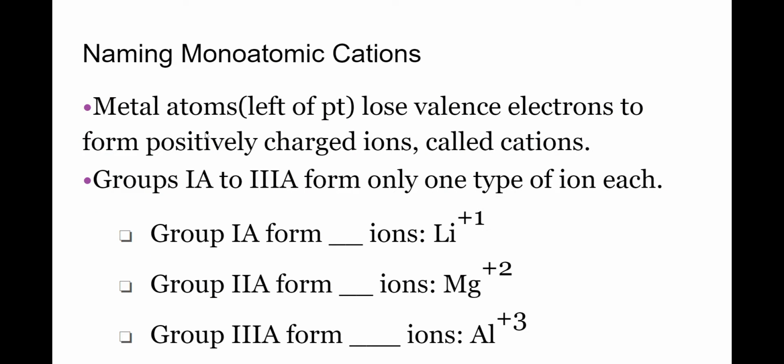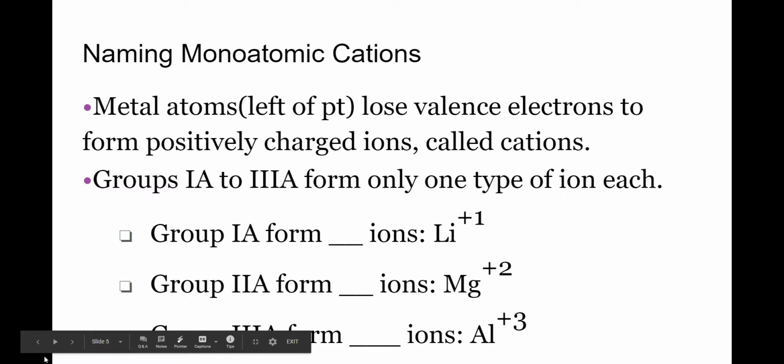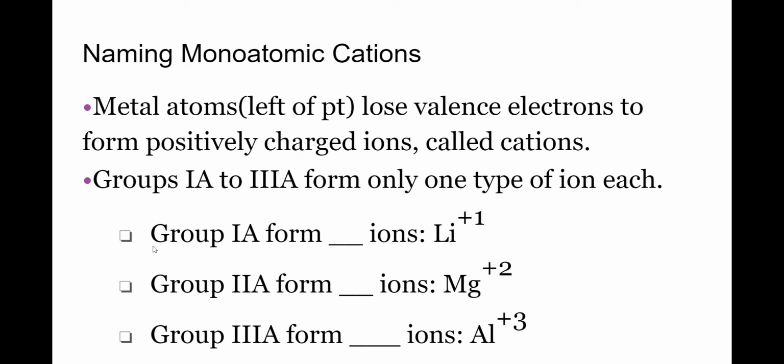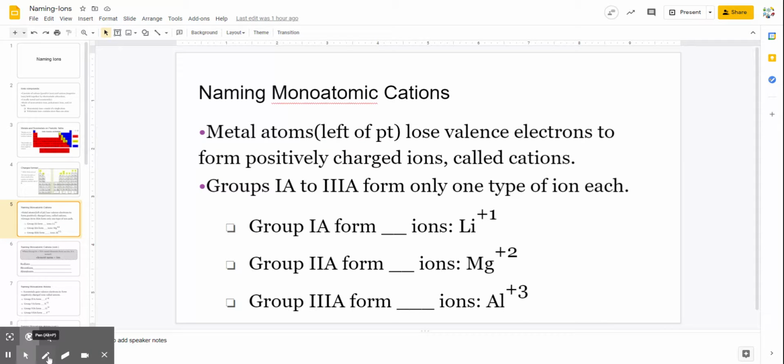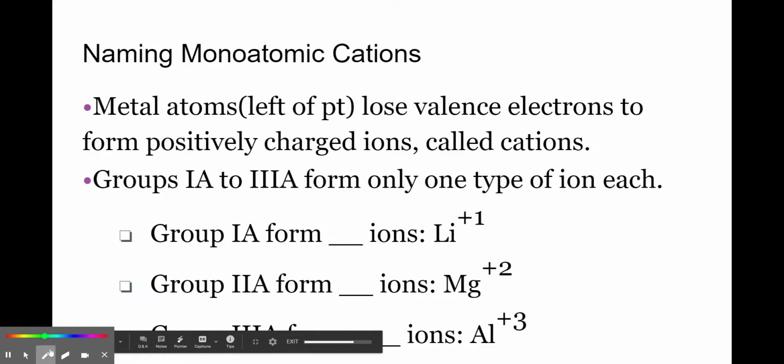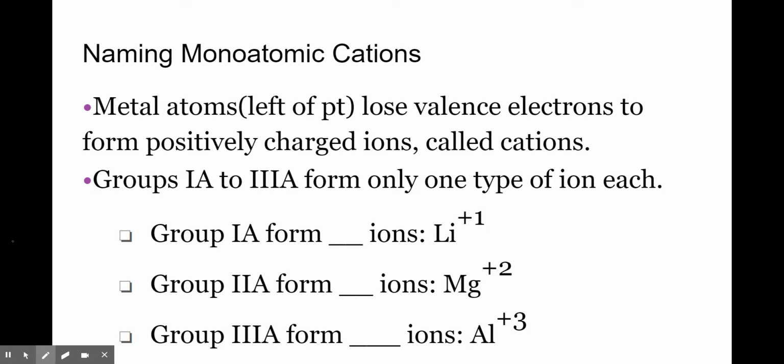Naming monoatomic cations. Metal atoms on the left of the periodic table lose valence electrons to form positively charged ions called cations.